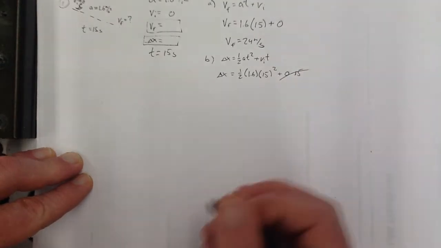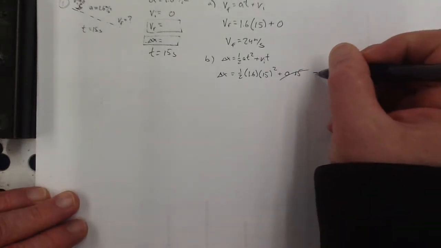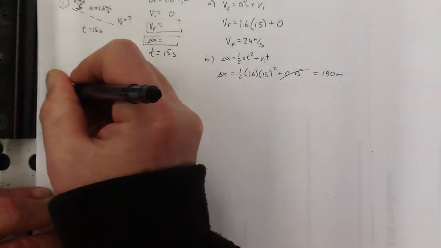That's 15, so that's gone. So we got 1/2 times 1.6 times 15 squared. That's 180 meters. All right.